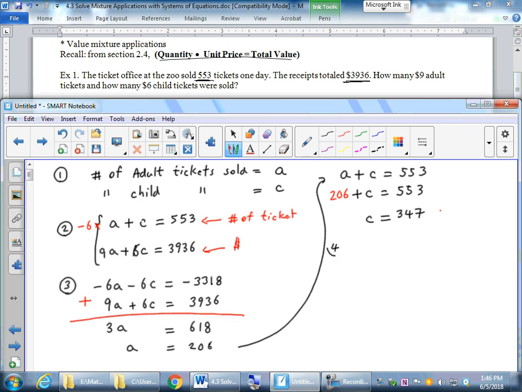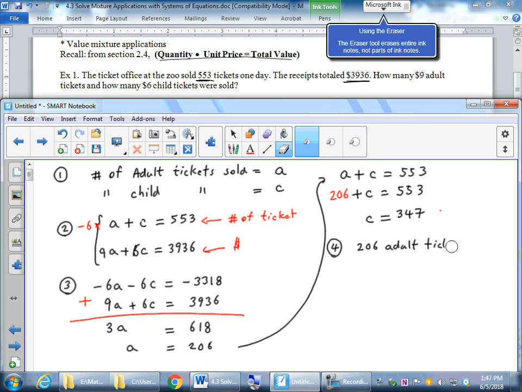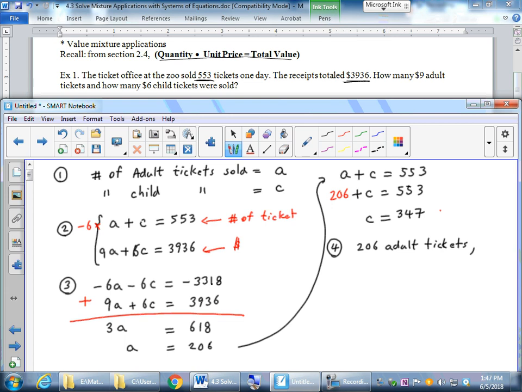So finally I can do the interpretation, my step 4. I can say that 206 adult tickets and 347 child tickets were sold.